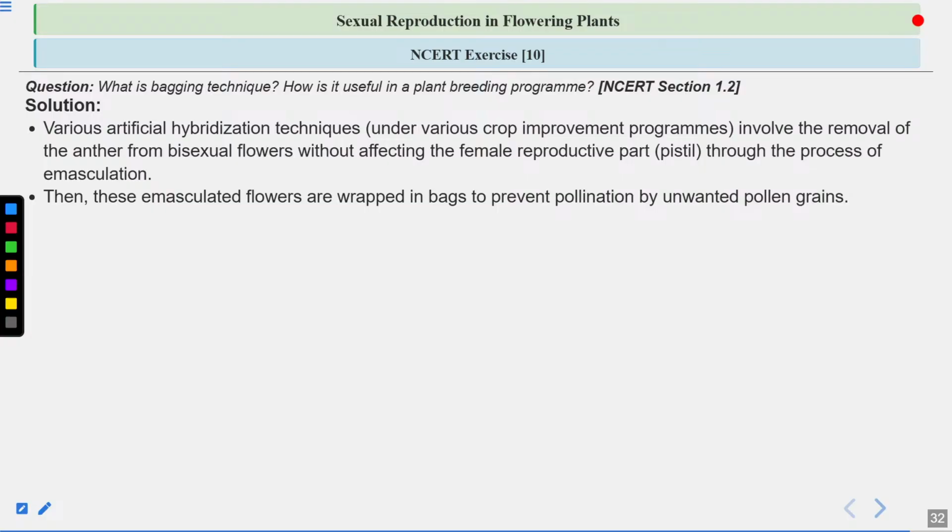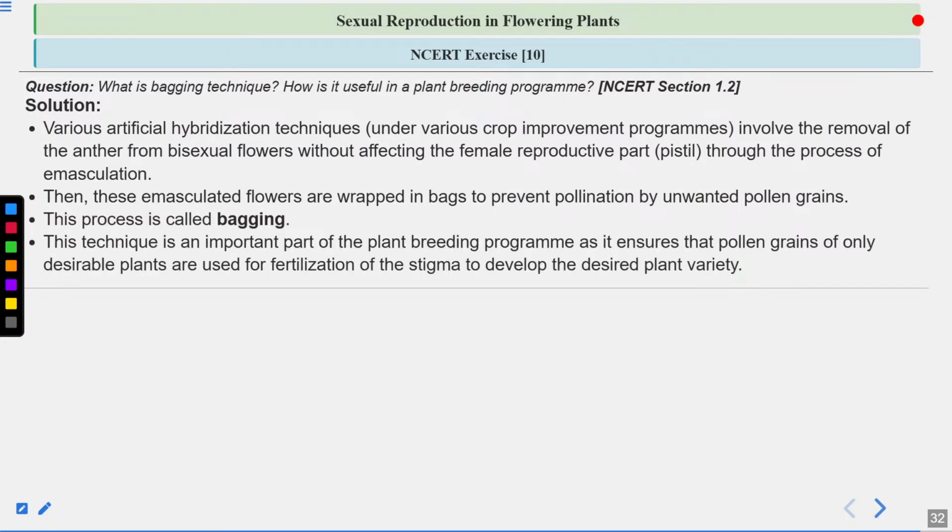To prevent pollination by unwanted pollen grains. Unwanted pollen grains could come with the help of biotic or abiotic factors. So you will cover it up with the bag, and this is called bagging.